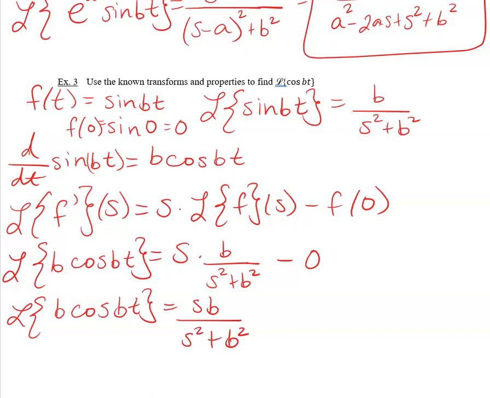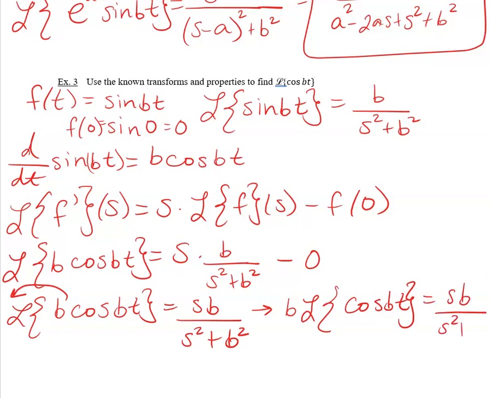And b is a constant, so one property of Laplace transforms when you have a constant multiple is you can move them to the front. So that means that b times the Laplace transform of cosine of bt is equal to sb over s squared plus b squared.